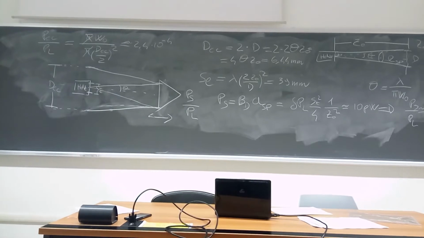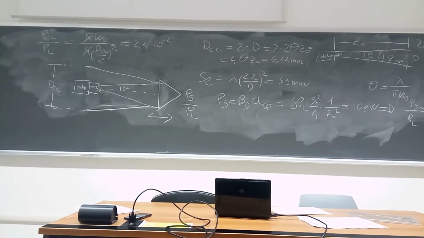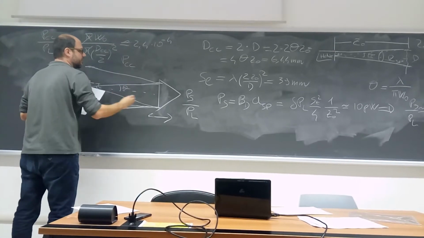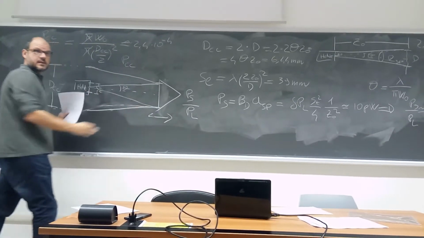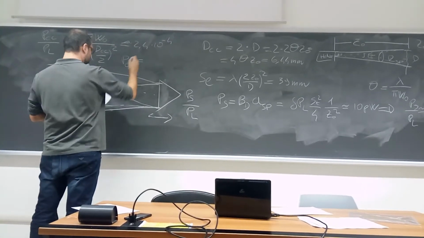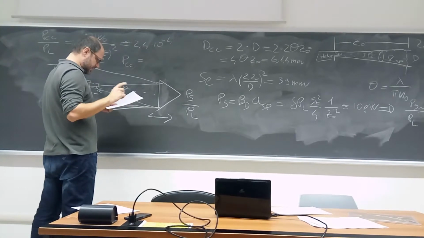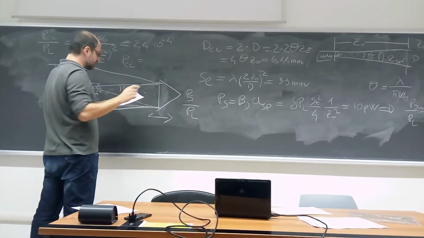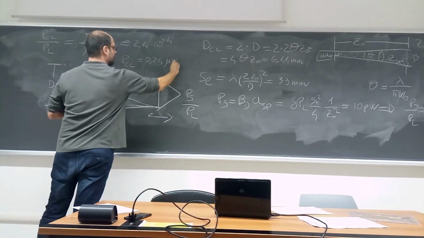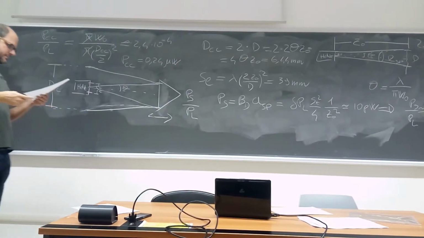And now if you want to evaluate what is the absolute value of the power when you use the corner cube, this is equal to 0.24 microwatt.